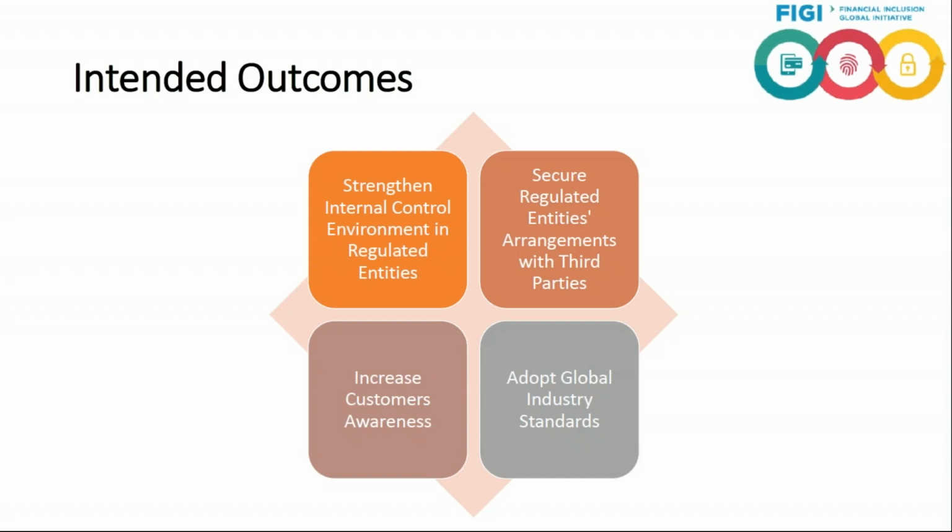And then at the end, the objective is also to increase customer awareness, because most of the frauds we have seen in Pakistan lately relate to the lack of customer awareness. We had the national census in 2017, where the census authorities went door to door to count people. After that, we have seen a surge in social engineering frauds related to the use of these apps.